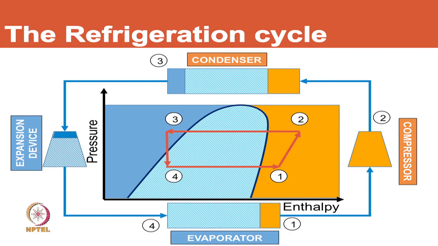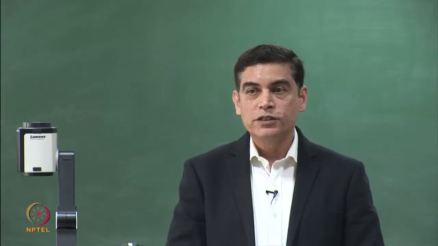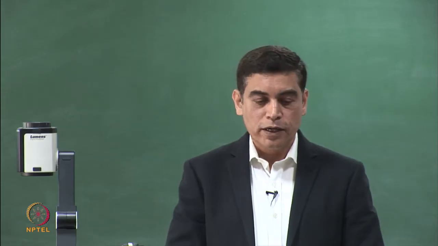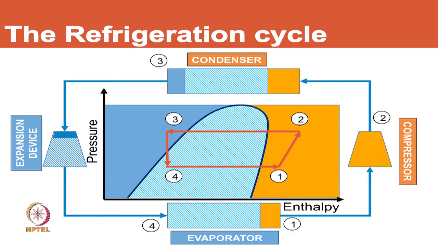After that we get to an expansion device, and there are different types of expansion devices that we will discuss today. From the expansion device, where subcooled liquid enters, we have a two-phase mixture at low temperature and low pressure that goes to the evaporator. Following that, we have some superheating inside the evaporator, and then we go back to the compressor.